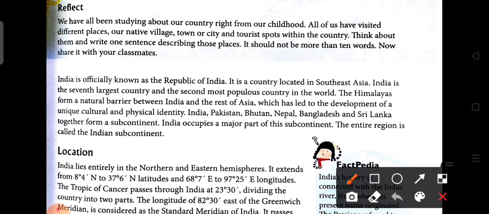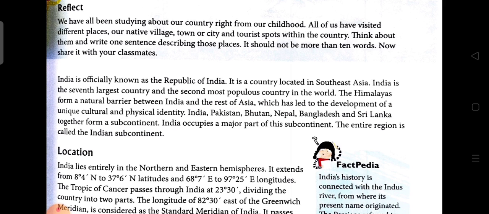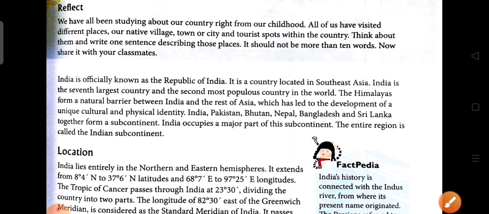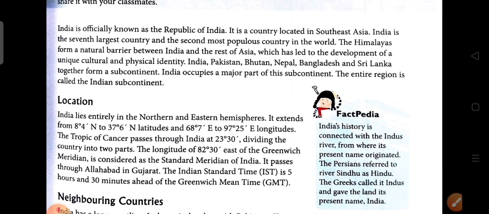The Indian subcontinent is made up of India, Pakistan, Bhutan, Nepal, Bangladesh, Sri Lanka, and they all together form the Indian subcontinent. India occupies the major part of the subcontinent, so this subcontinent is known as the Indian subcontinent.